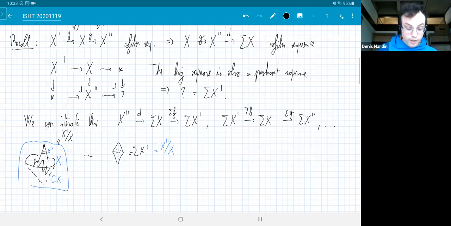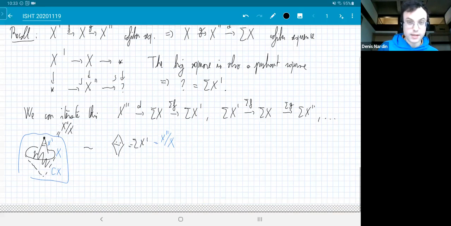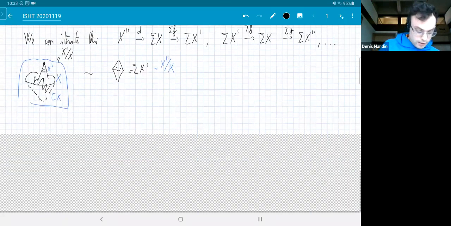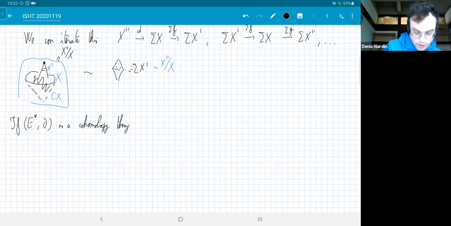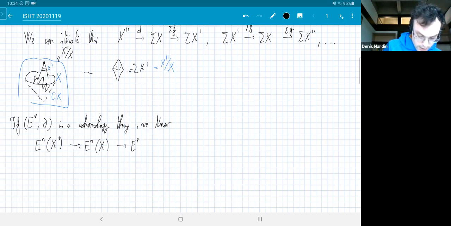But okay, what can we do with these rotating fiber sequences? Well, now if E star is a cohomology theory, we know that you have, for example, En of x prime, x double prime, sorry, goes to En of x goes to En of x prime, and this was G upper star, F upper star.